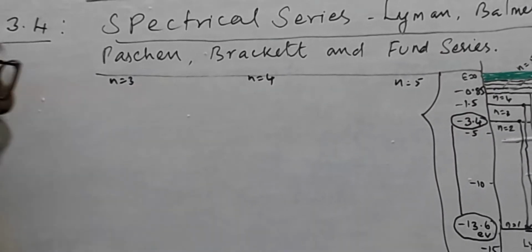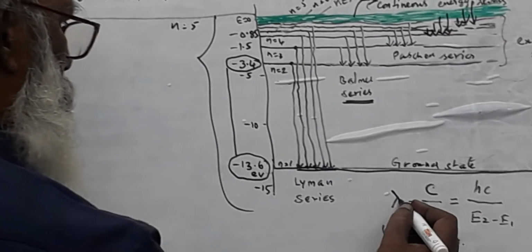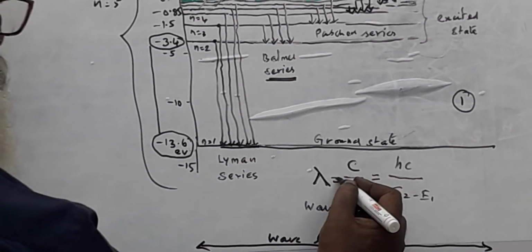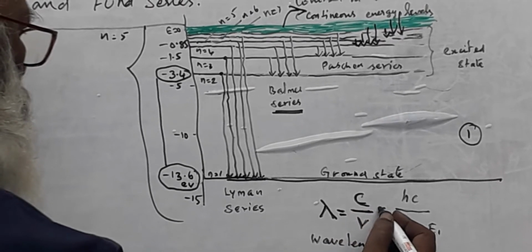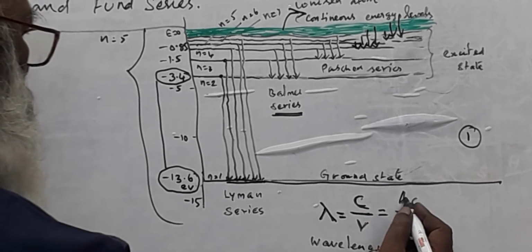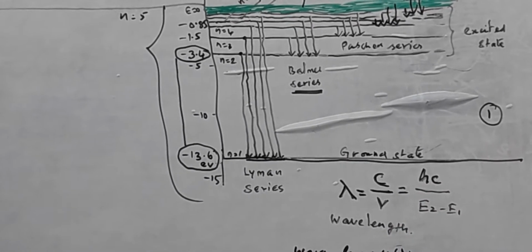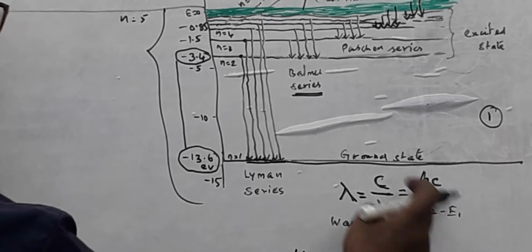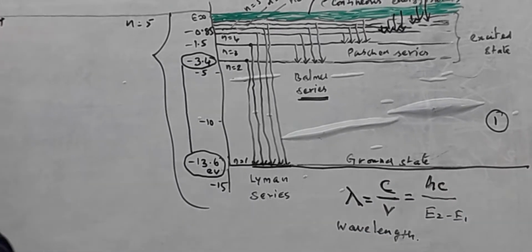Now, if you want to find out the wavelength, we know the equation C by V, or C equal HC by E2 minus E1. The energy difference, H is the Planck constant and C is the velocity of light.